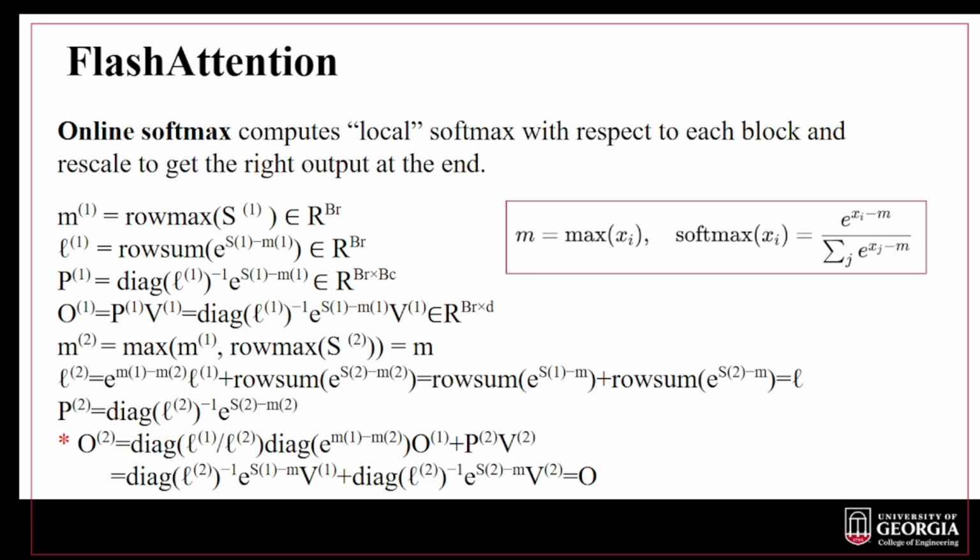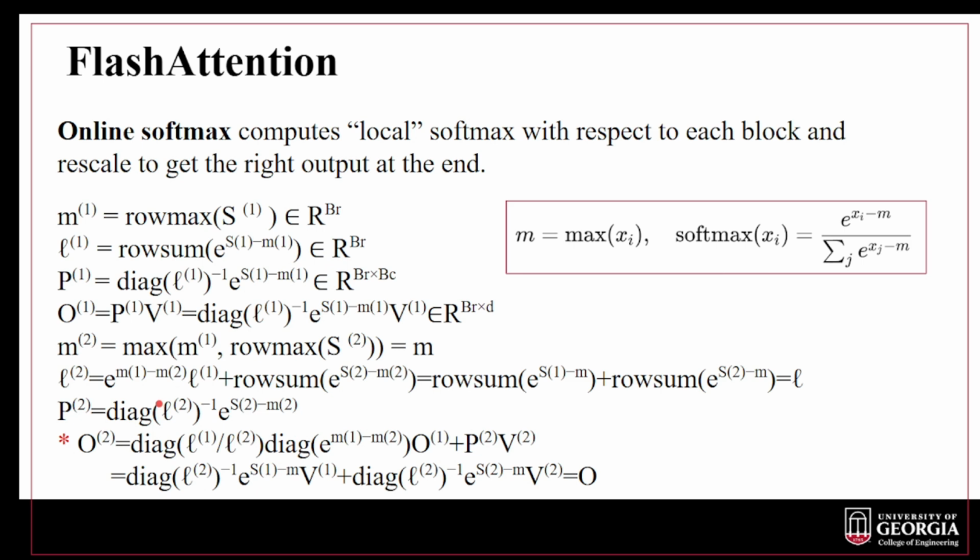For the next block, we update the maximum value by taking the larger one, and then we want to update L2, which represents the sum of exponential values across both blocks. Here we apply a mathematical trick. We multiply by a factor e to the power of m1 minus m2.